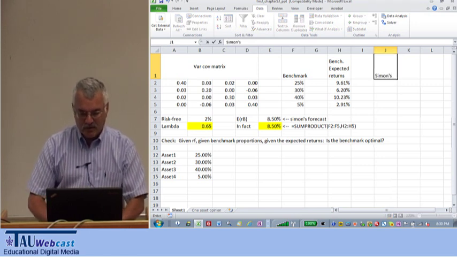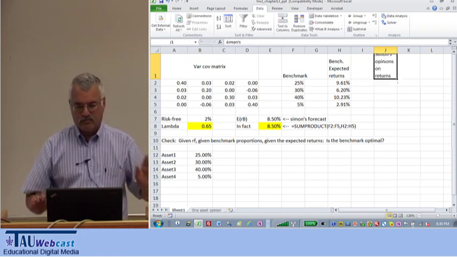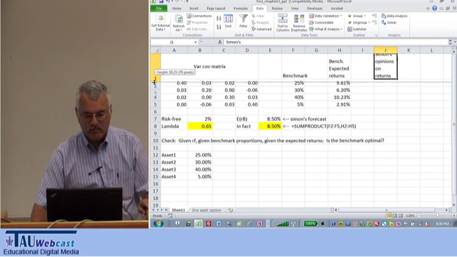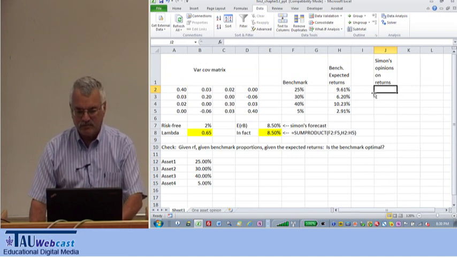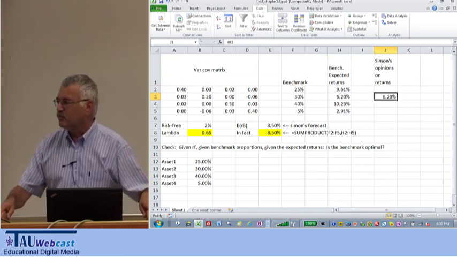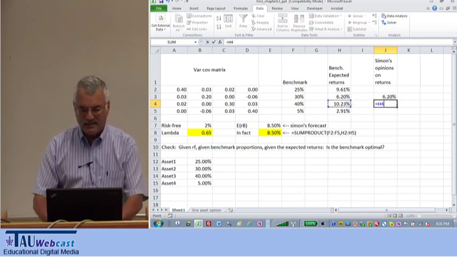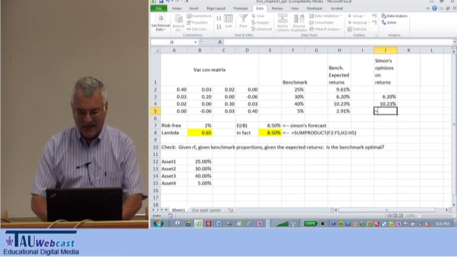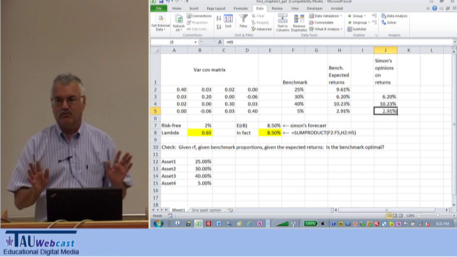Okay, so here is my, Simon's, opinions on returns. Okay, I agree that asset 2 has 6.2%, and I agree that asset 3 has 10.23%, and I agree that asset 4 has 2.91%.